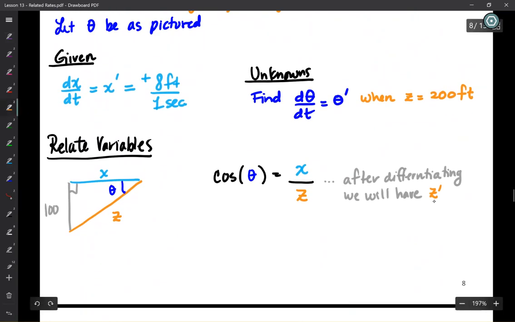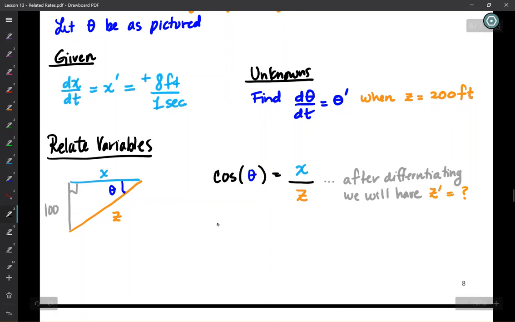Not that you can't do it, but that's going to take a significant amount of scratch work. So instead, I'm going to try to use a trig identity that's going to use that constant 100 and that x, because I have information about x prime after differentiating both sides with respect to time.